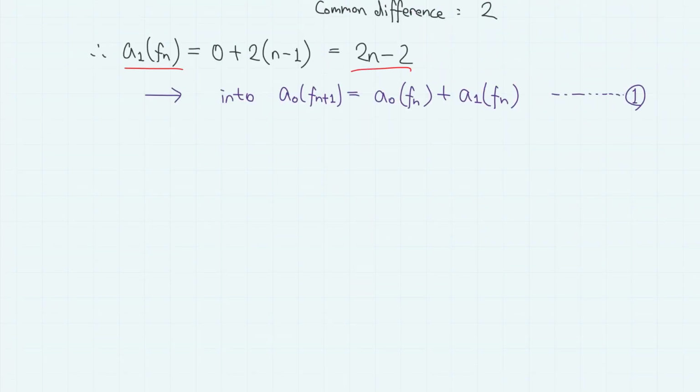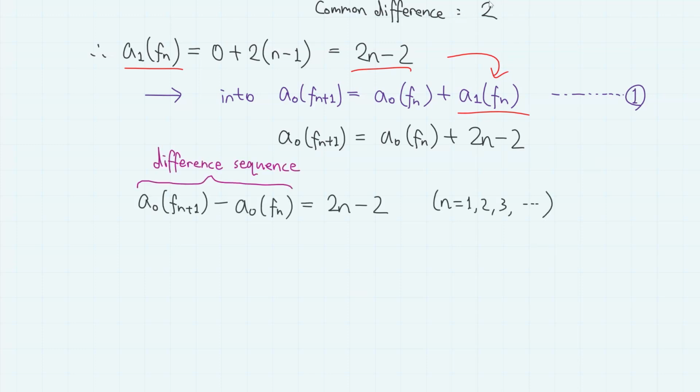Substituting this into recurrence relation 1 gives a_0 of f_{n+1} equals a_0 of f_n plus 2n minus 2. So this time we are given the difference sequence a_0 of f_{n+1} minus a_0 of f_n equals 2n minus 2. And we can use this difference sequence to find the general term.